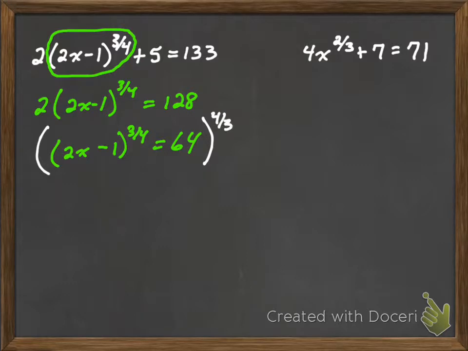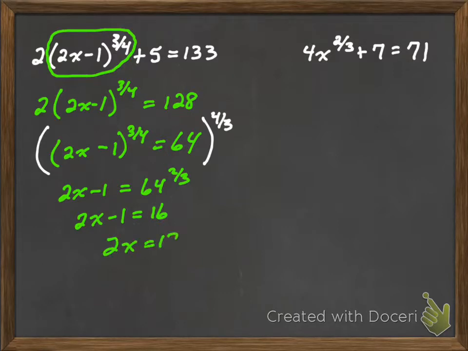So raising both sides to the 4/3, this will then become 2x minus 1 equals 64 raised to the 2/3. Now this means cube root of 64, which is 4, and then 4 squared is 16. So we now have 2x minus 1 is equal to 16. Adding 1 and then dividing by 2 will give us 17 over 2.